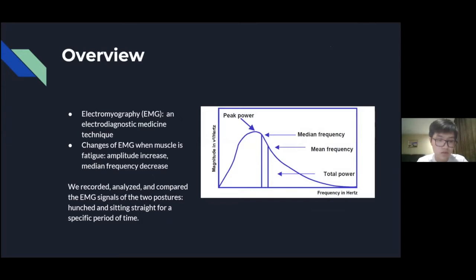Due to the recruitment of motor units, the EMG signal amplitude shows an increase, whereas the mean or median frequency of the total power spectrum shows a decrease over the contraction time. As you can see here in the graph, the median and the mean frequency are fast Fourier transform based, and they are from the total power spectrum.